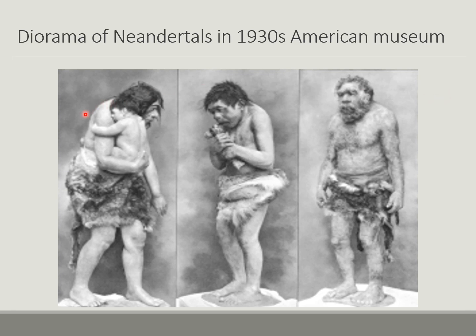So you can see here, they're all hunched over, right? They all look kind of primitive, sad. So that was the impression of Neanderthals physically, and a lot of that stemmed from Boule's interpretation of the old man from La Chapelle.